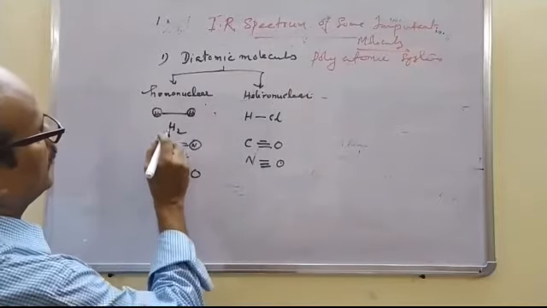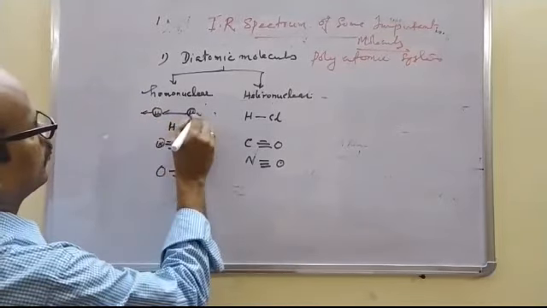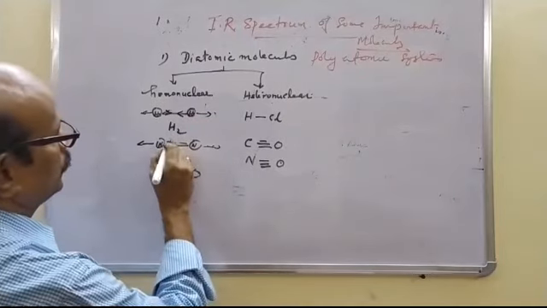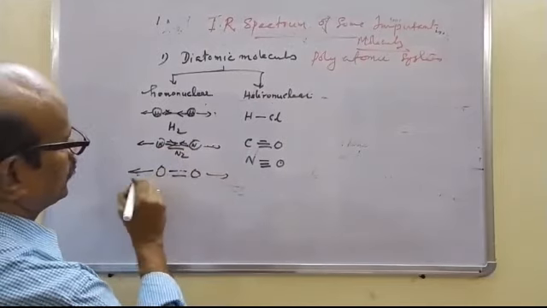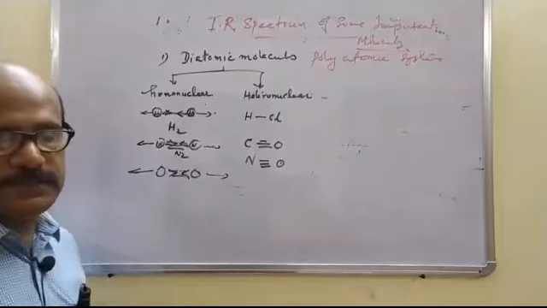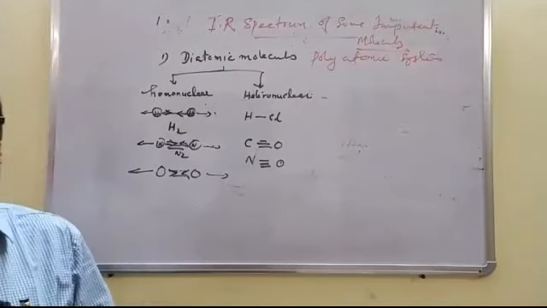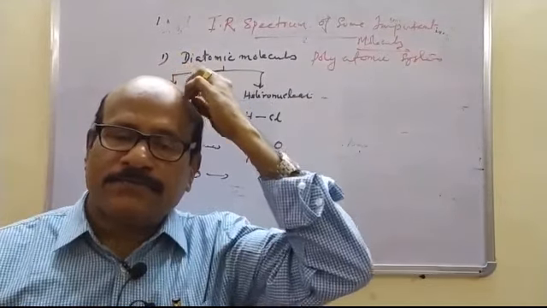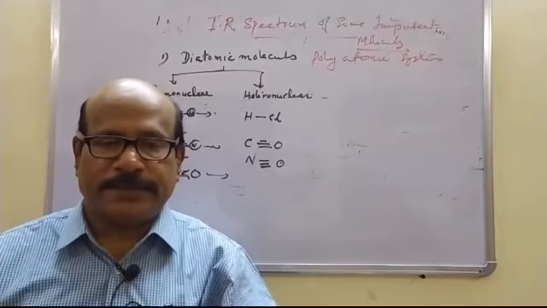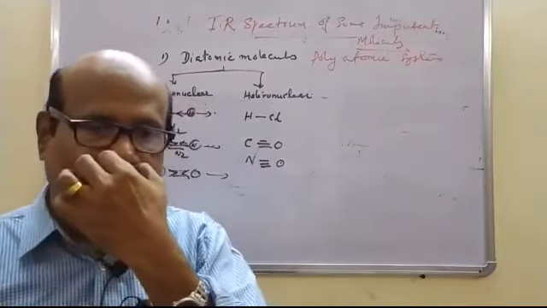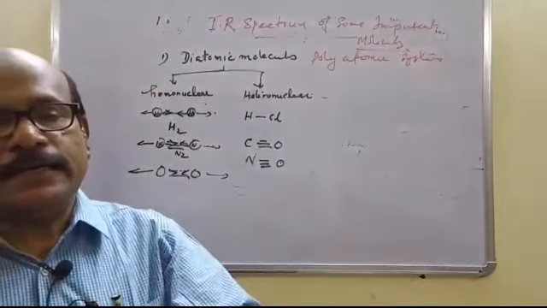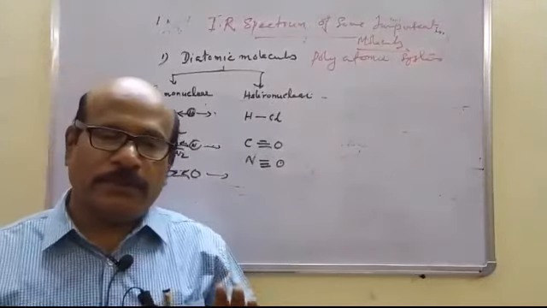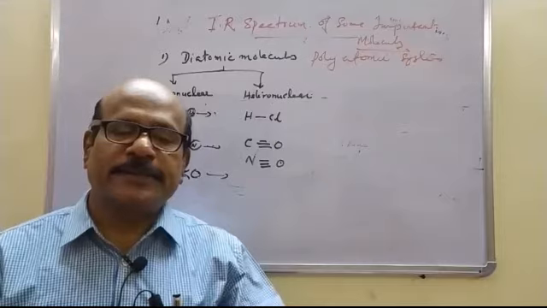So even when a homonuclear diatomic molecular system vibrates, during the vibration also it cannot produce any oscillating electric field. Again it is deaf and dumb towards the IR radiation. It cannot talk to the IR radiation either. To talk, it must communicate through an electric field, and it needs an electric field. So in the case of a homonuclear diatomic molecular system, it is again said to be IR inactive.